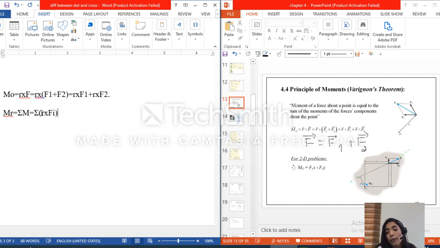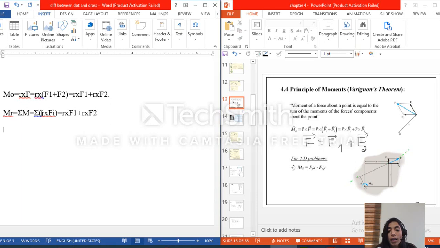So if I only have two forces, the resultant moment will be, of course, R cross F1 plus R cross F2. So I already know that the resultant moment is equal to the sum of the moments where each moment is equal to R cross Fi.